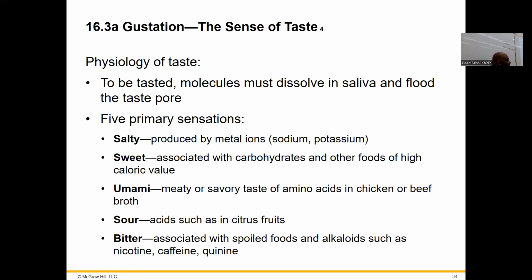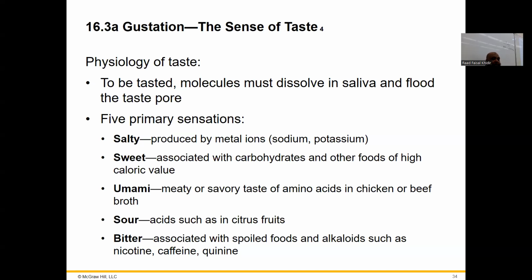During pregnancy, mothers are always deficient in minerals, so they're always craving salty food. And sweet food is associated with carbohydrates. Carbohydrates and foods that have a high calorie count always taste sweet.